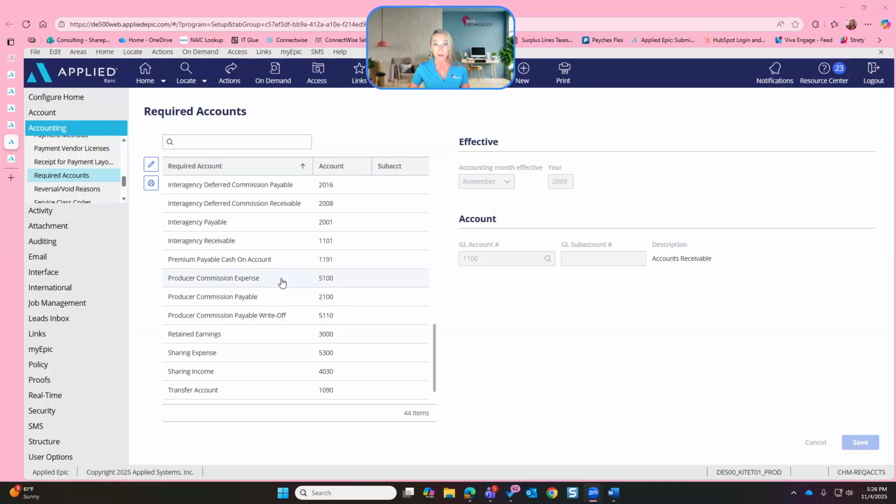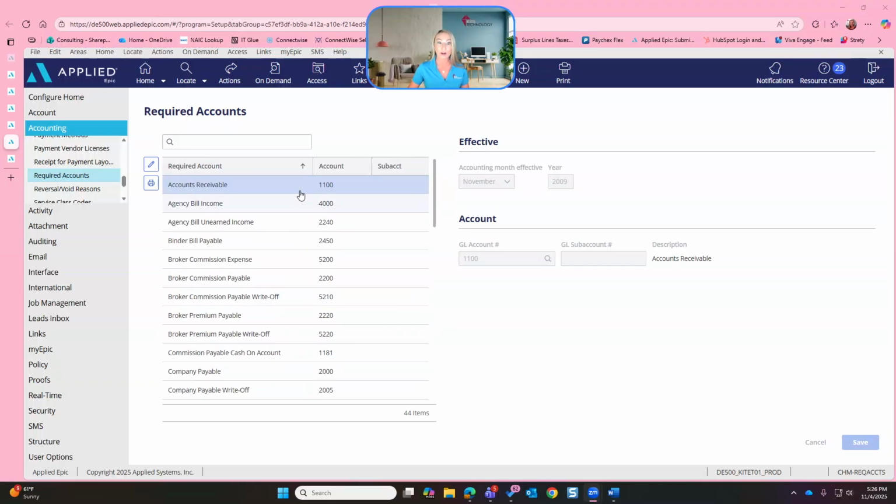We could be debiting your producer commission expense and crediting producer commission payable or broker in those situations anytime there is commission earned on an agency bill transaction. You also have things like your accounts receivable, obviously, and you also have things like your agency bill income and a broker premium payable or a company premium payable. Those are lots of different accounts that could be affecting your general ledger when you enter a transaction into Epic.